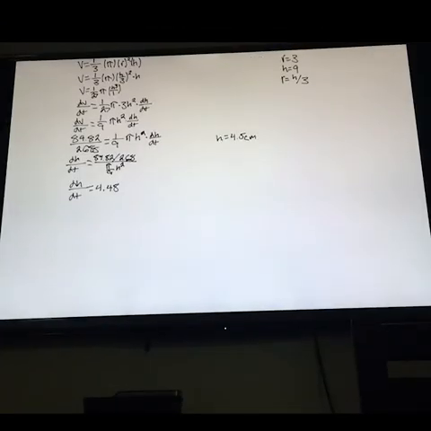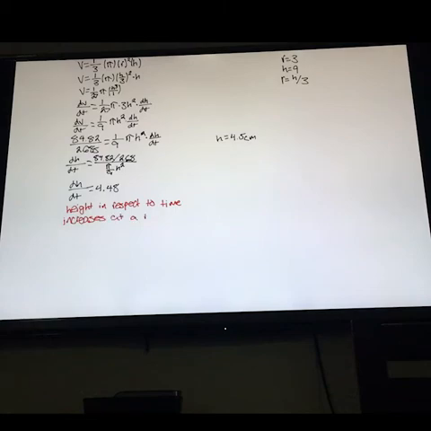This means that the height with respect to time increases at a rate of 4.48 cubic centimeters per second.